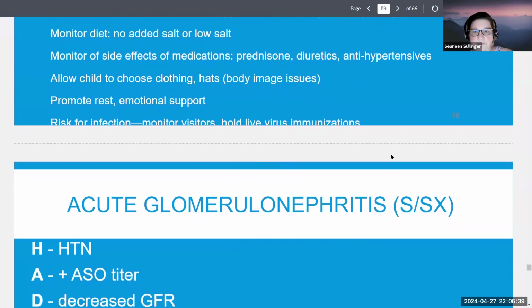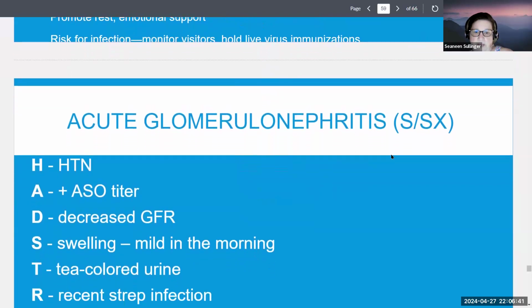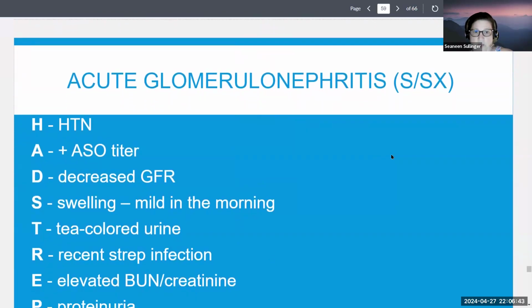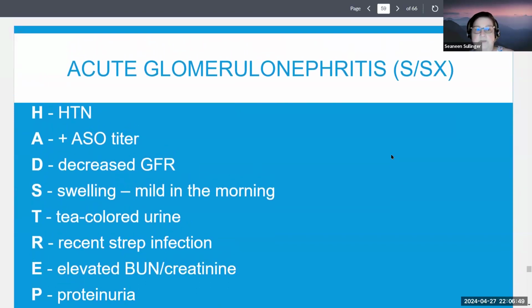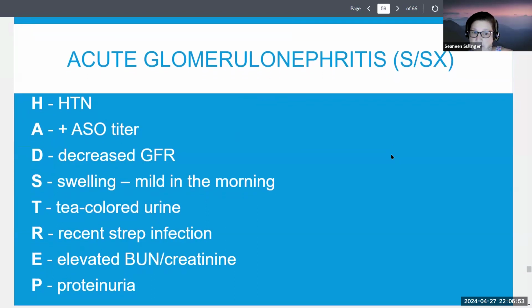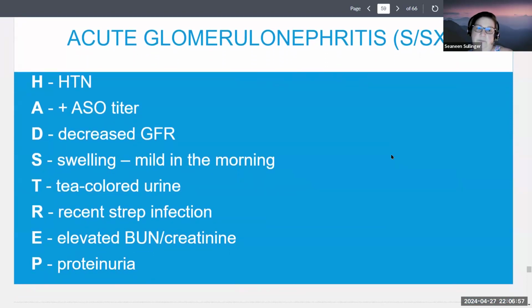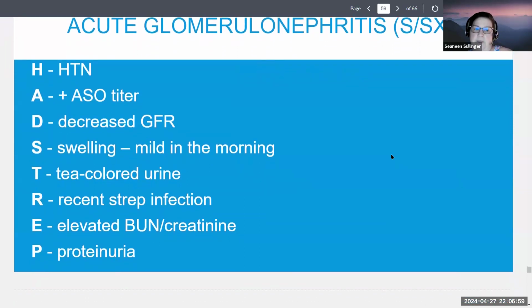Monitor the visitors. And here's something I think is kind of clever for the acute glomerulonephritis, which is had strep. So hypertension, the positive ASO, the decreased GFR, swelling, the tea-colored urine, recent strep infection, elevated BUN, creatinine, and then proteinuria.